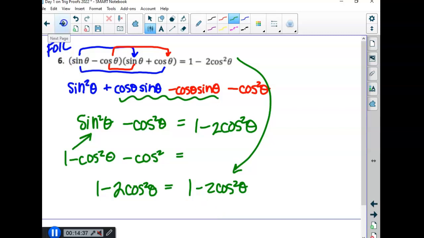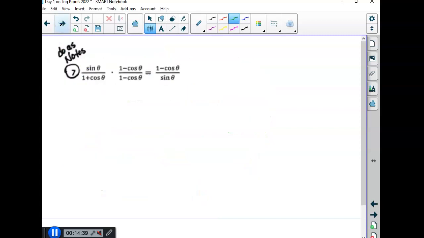Okay, I think there's a couple more here. This one looks really messy, but it's a weird start. It's like they gave us a hint. Because what is the point in this? That's just 1, right?